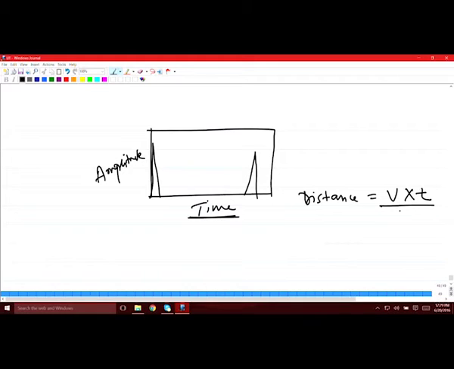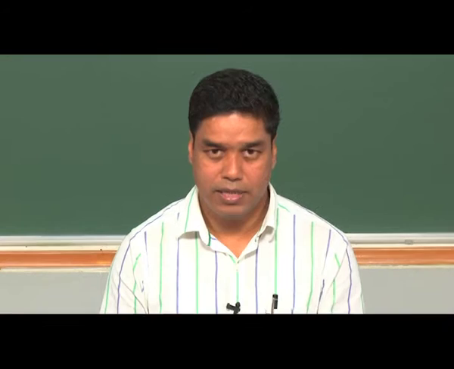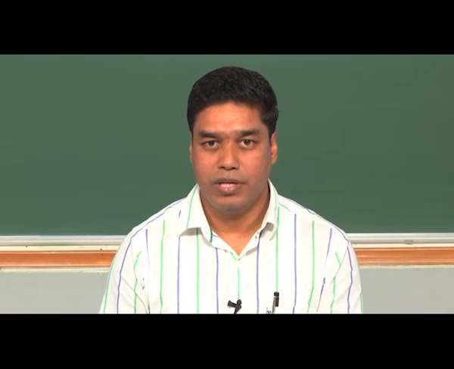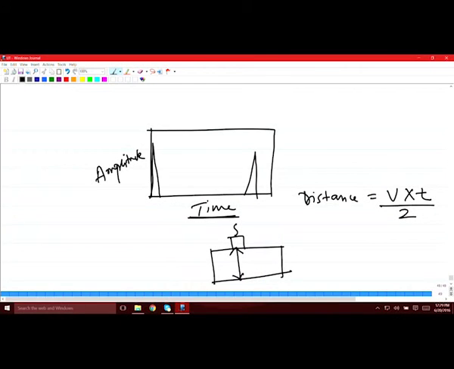But the other thing you should remember is that this has to be divided by 2, because the waves are going back and forth. It goes in, hits the reflecting interface, which could be the back wall or any other defect or flaw, and then comes back. That is why when you calculate the distance, it has to be divided by 2.